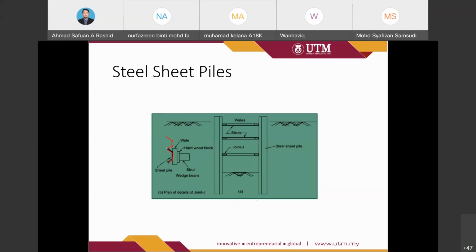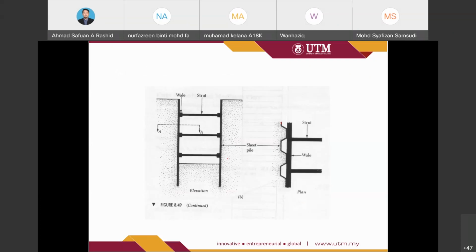If we look at the continuous condition, this wale will run parallel with the sheet pile. So this is an example. We have here a wale and strut, and this is the sheet pile.